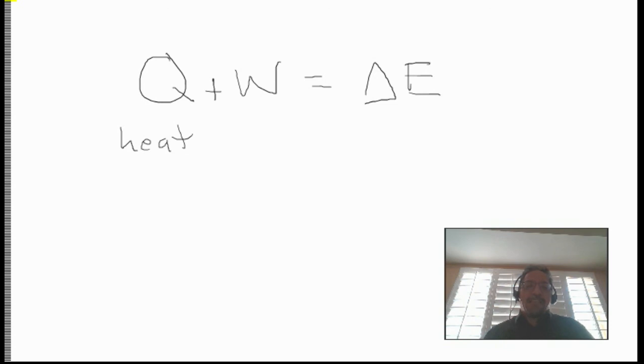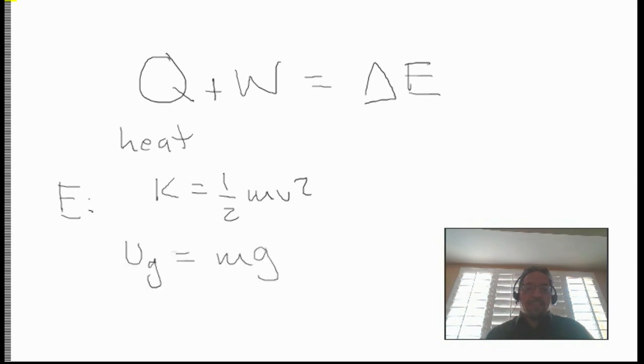Let's review the energies that are available. The energy can be kinetic, 1/2 of mass times velocity squared, potential gravitational, mgh, with respect to some reference point. And we have others.